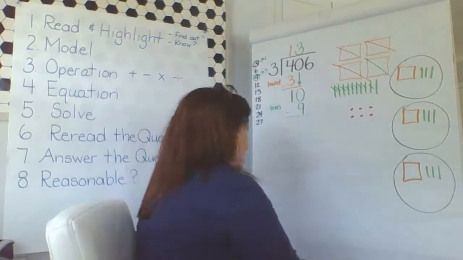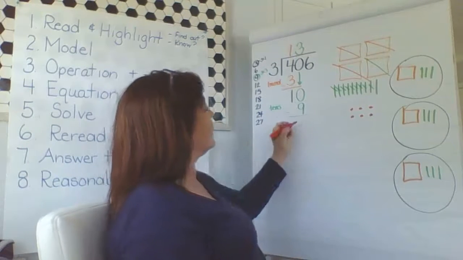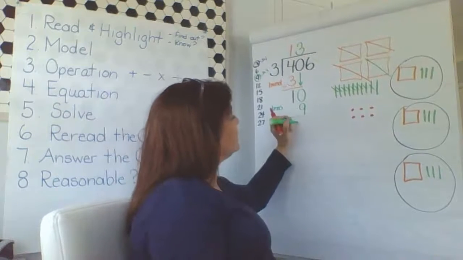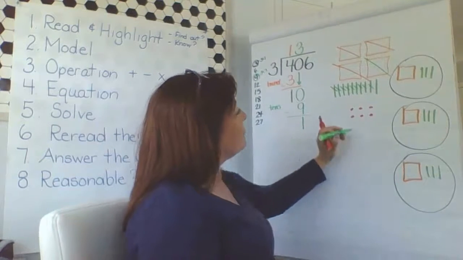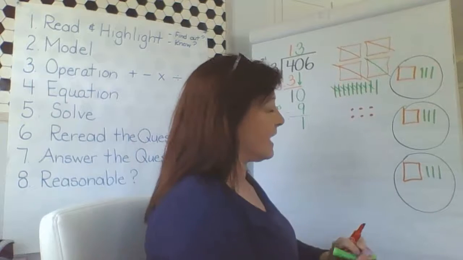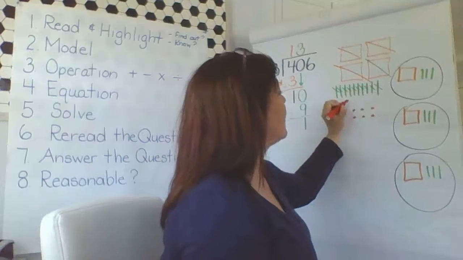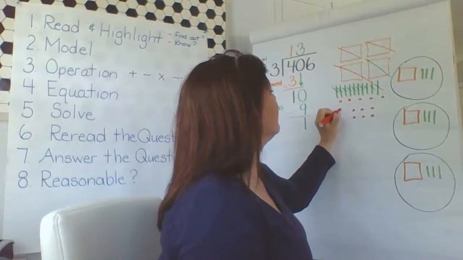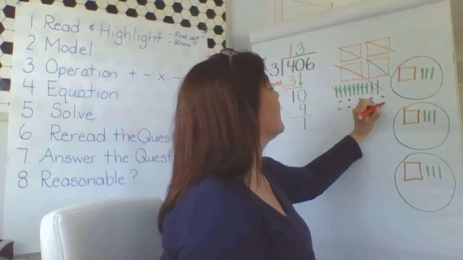So 10 take away 9 is 1. And at this point, I'm going to change that 1 ten into 10 ones. 1, 2, 3, 4, let's put it over here, 5, 6, 7, 8, 9, and 10.